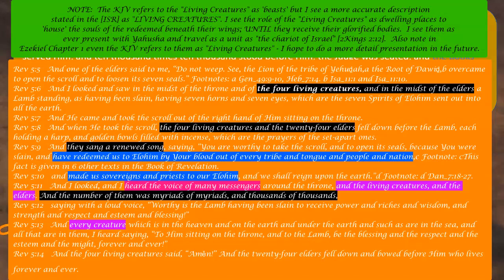So right there, if we go up to verse 6, it says, And I beheld, and lo, in the midst of the throne and of the 4 beasts, and in the midst of the elders, stood a lamb as it had been slain, having 7 horns and 7 eyes, which are the 7 spirits of God sent forth into all the earth.